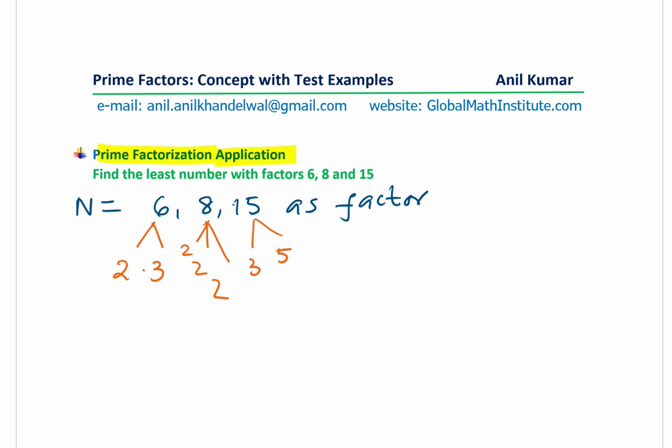So we have to have all these combined in our number so that 6, 8, and 15 can become factors. Let us see how many 2's we need. We are looking for the maximum number of each prime number.